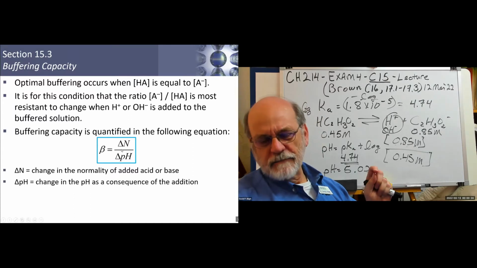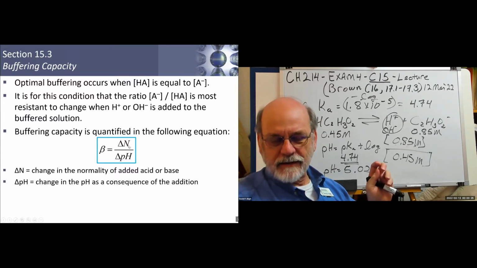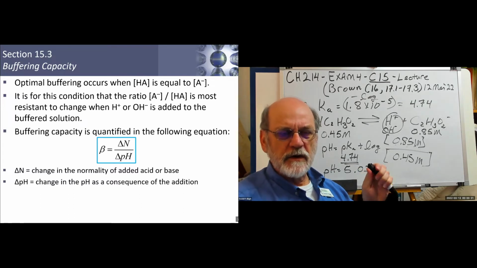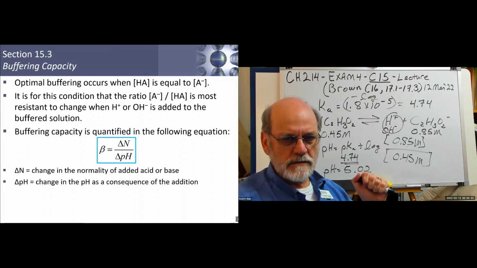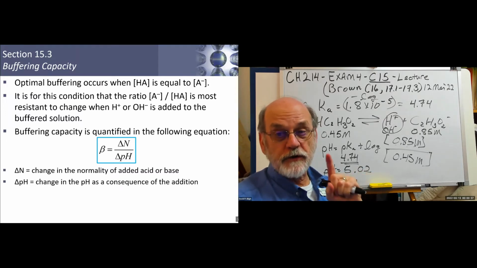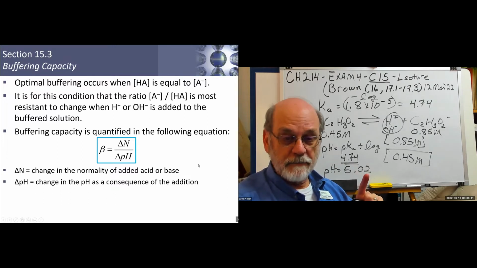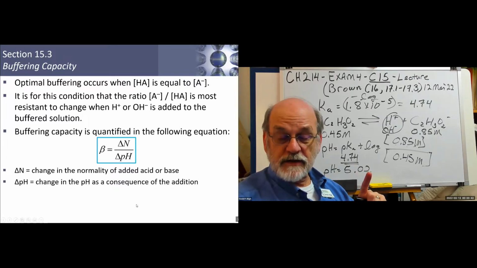Well, actually, the N refers to normality. We haven't discussed normality, I don't think. During the first semester, yeah, first semester we did talk about normality. Normality of an acid base.